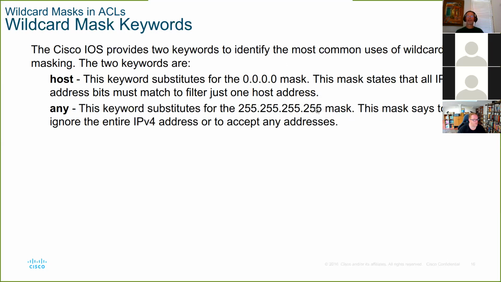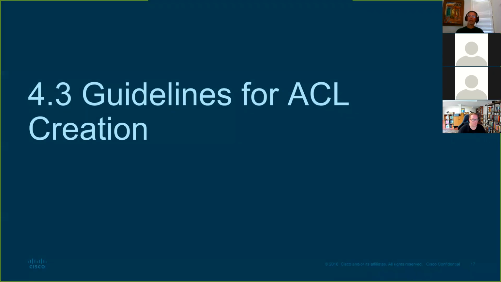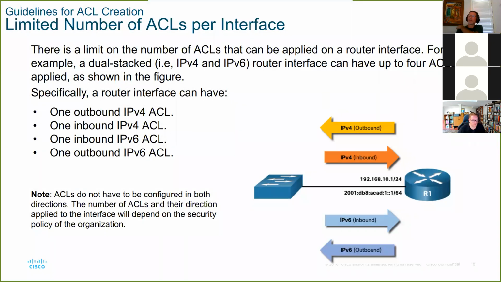And this is everything in subnet mask. I'm sorry, this is one host in subnet mask and everything in wildcard. They're just backwards. So I could permit any. That's it. We don't need to apply a network ID and a mask. If we're going to apply the any, it's just access list 10 permit any.